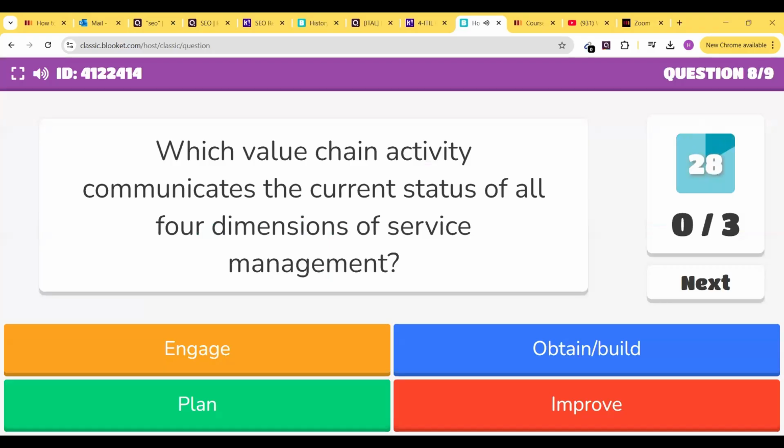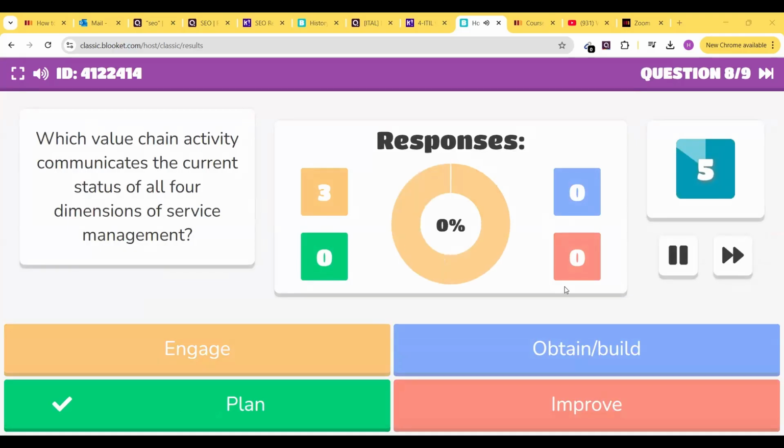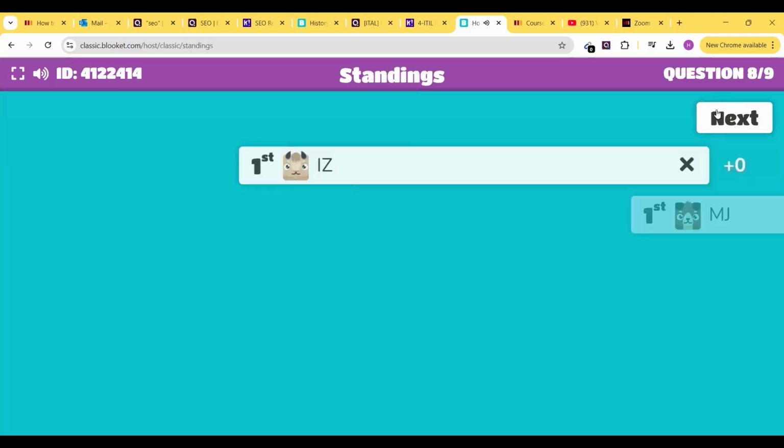Which value chain activity communicates the current status of all four dimensions of service management? The plan.